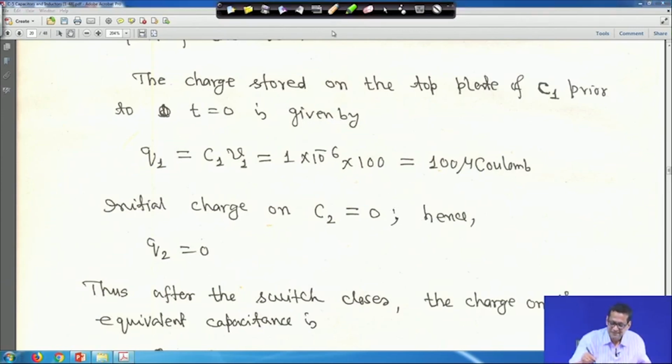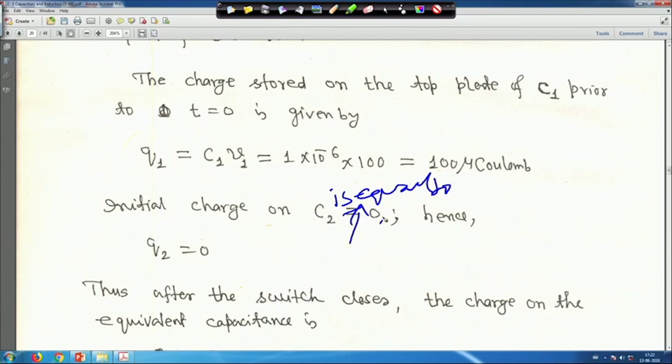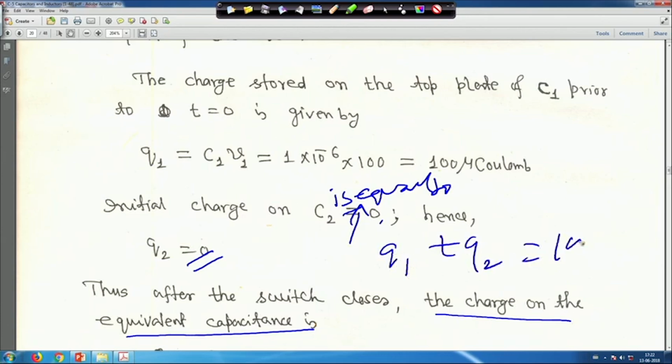I should not write C2 is equal to 0, otherwise it will carry a different meaning. Hence Q2 is equal to 0. Thus, when the switch is closed, the charge on the equivalent capacitance is Q1 plus Q2, that is also 100 microcoulomb, right.